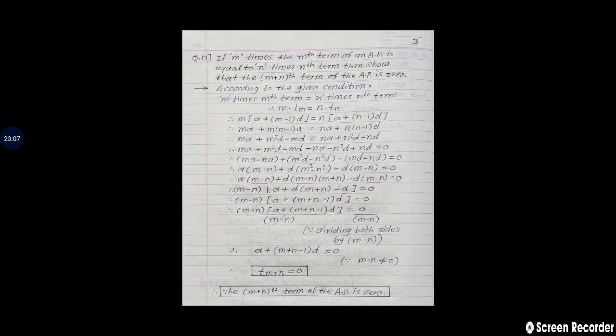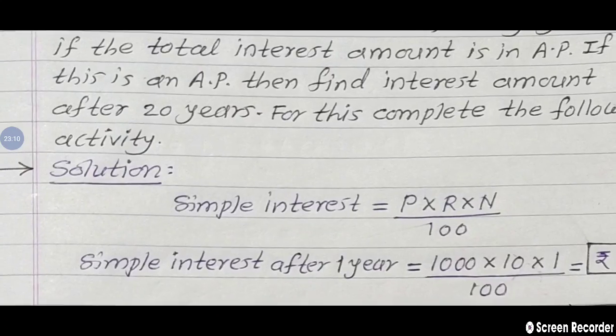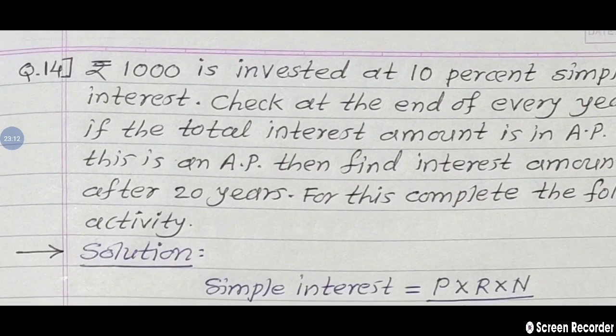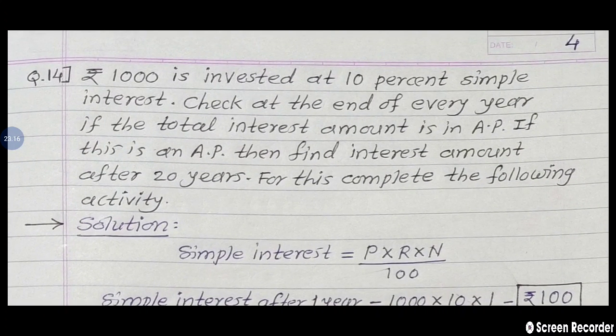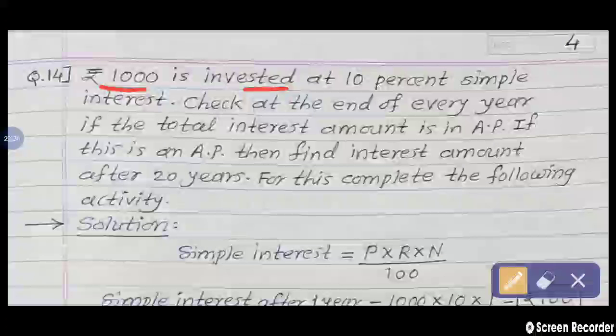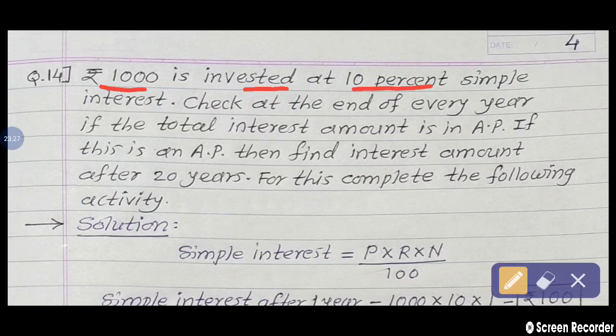All of you understood? And today's last question of this lesson, problem set 3, remains. This is the activity question. Now see that. First of all, read the question carefully. Rupees 1000 is invested at 10% simple interest.